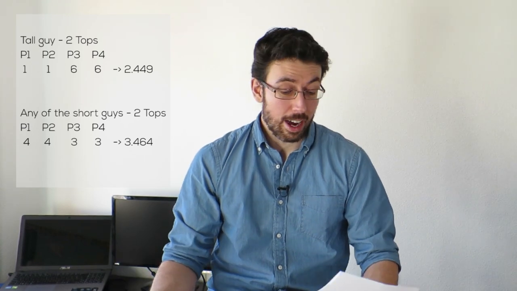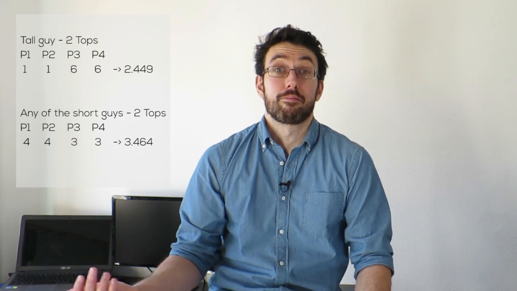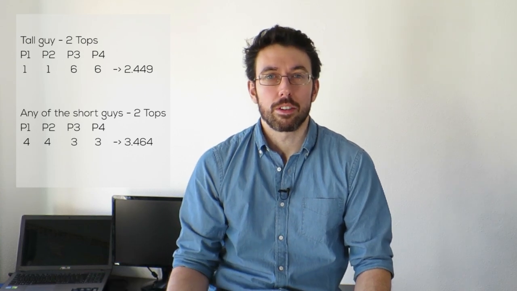You do the math, and the tall guy wins the comp with 2.44 points, and the short guys end up with 3.46 points. I may have done this wrong. I've checked it a couple of times. I think that's correct. And well, I think that's obviously a flaw of this system.